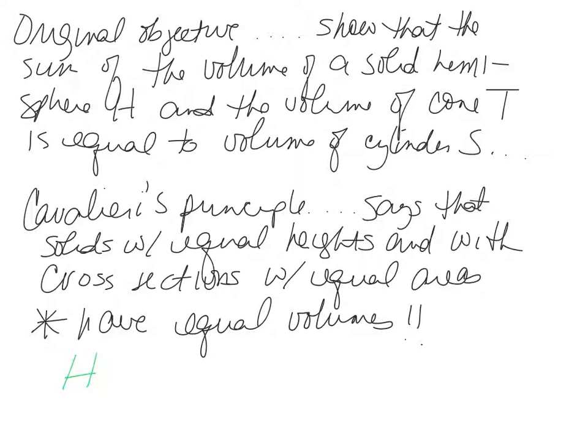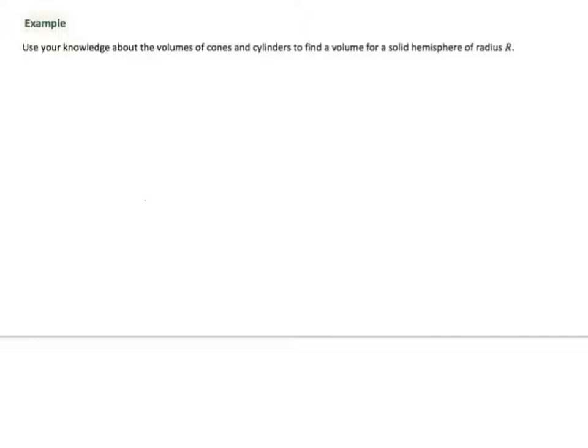The volume of the hemisphere, union with the volume of the cone. This does not spell the word hut. That's union. So the hemisphere with the cone is equal to S, the cylinder.